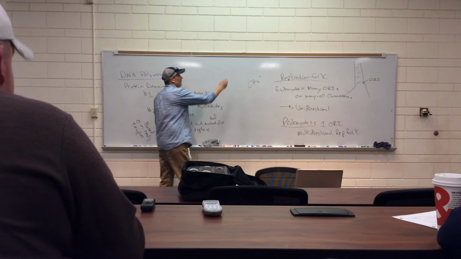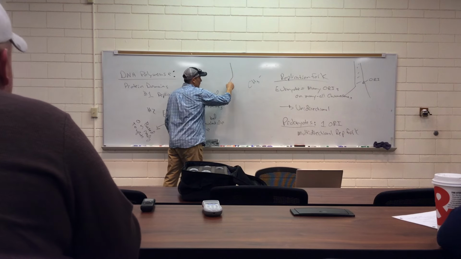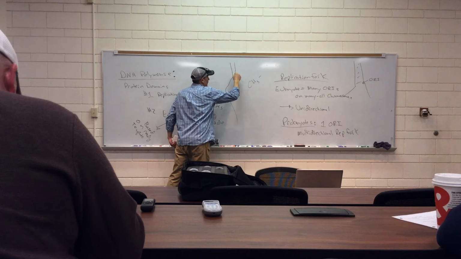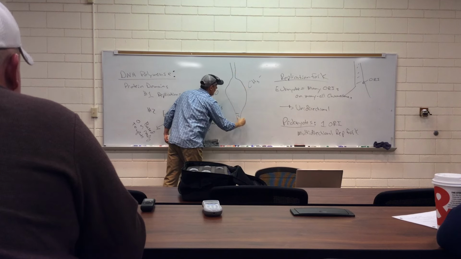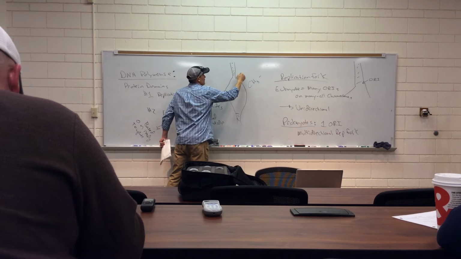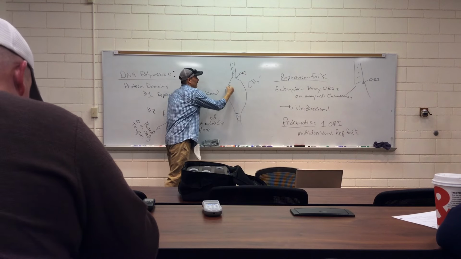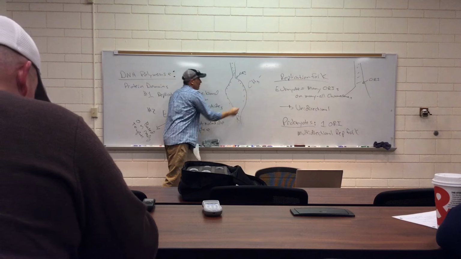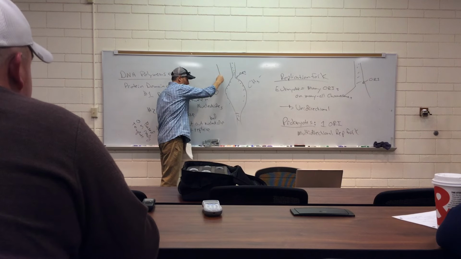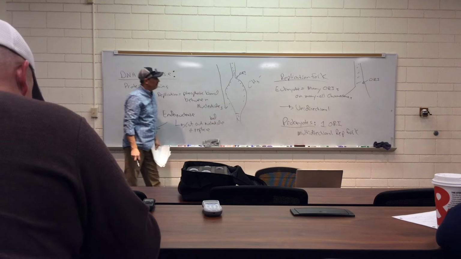So in this case, if I were just to show a eukaryote, here's my origin of replication. I've unwound it and getting ready to replicate it. That polymerase just goes in one direction, 5' to 3'.